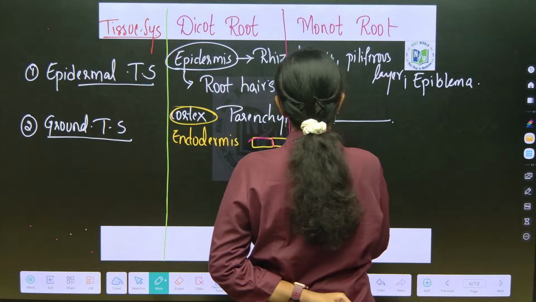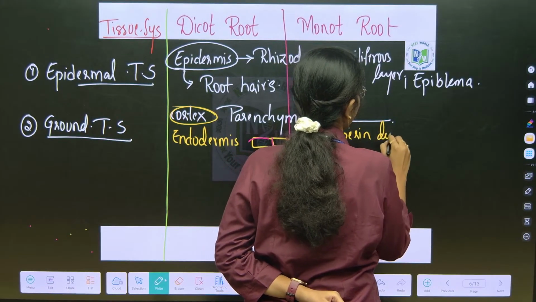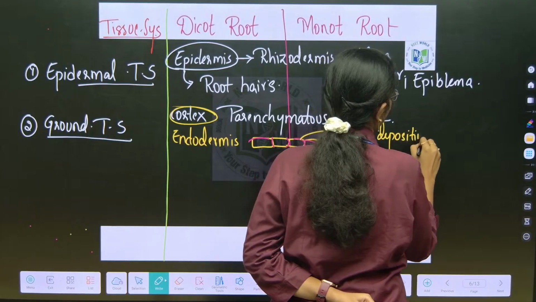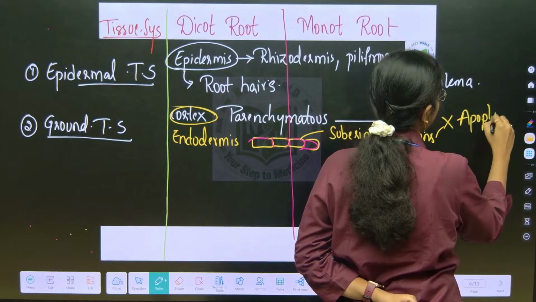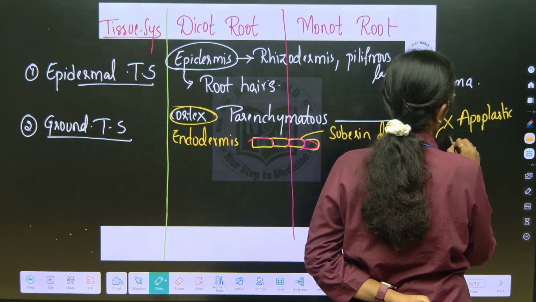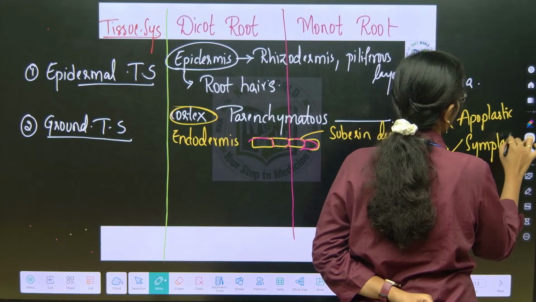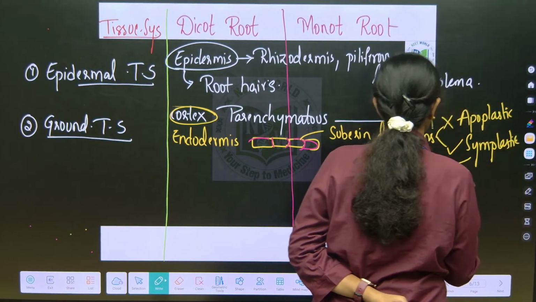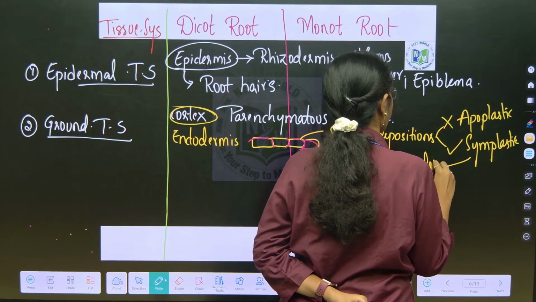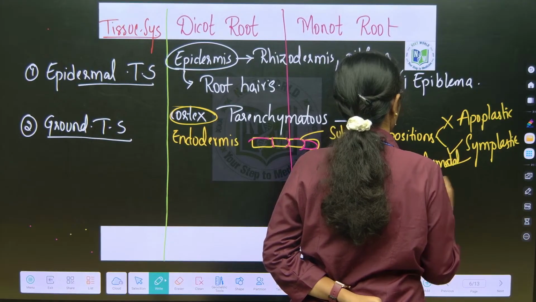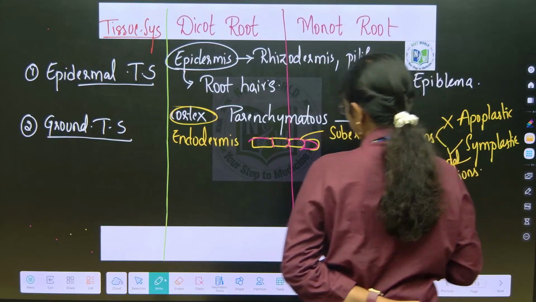Apoplastic water movement, and will promote symplastic movement of water through plasmodesmatal connections. Clear, right?